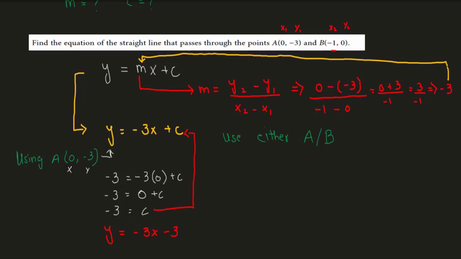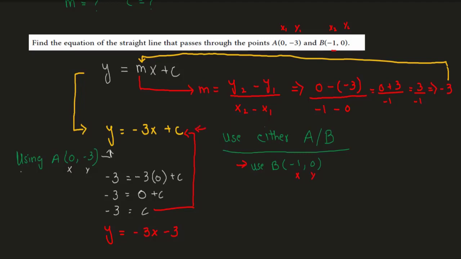If someone says they are not going to use A and want to use B, I'm going to do the working for B here. So let's use B, which was (-1, 0). This is the value of x and this is the value of y. I'm going to plug these values right into this equation.